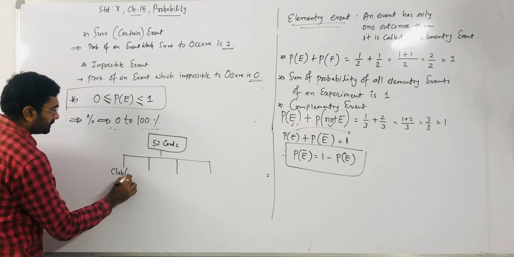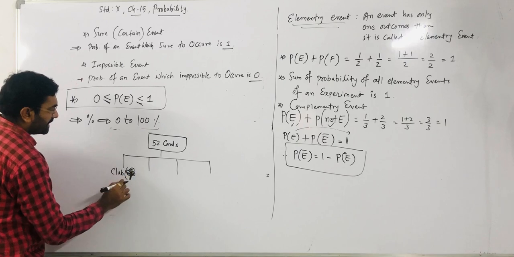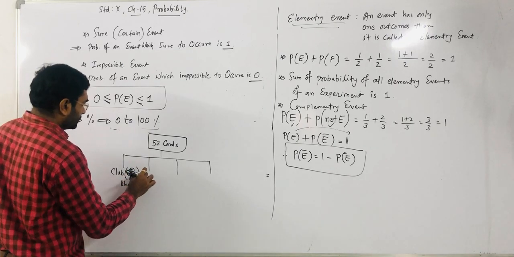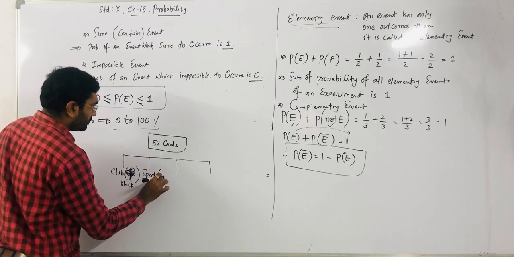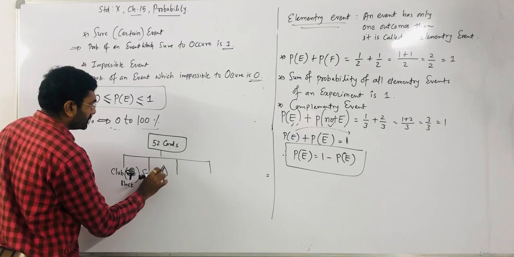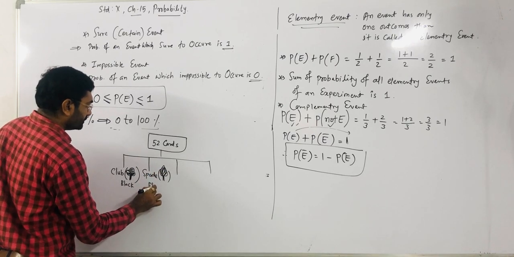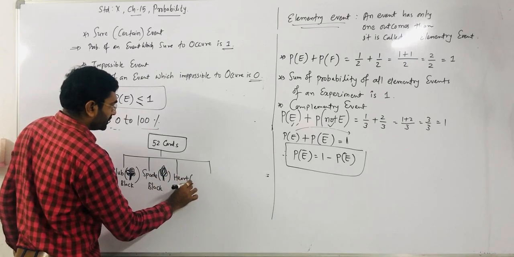This is called the club cards, and this is a black card. Then the spade card. Spade means this one. This is also black. Then the heart card.